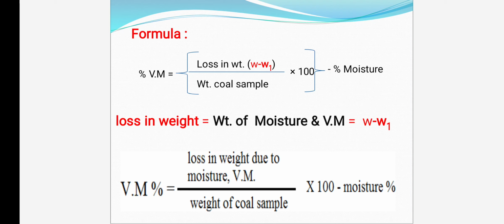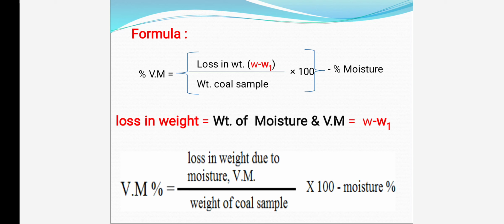So at a time, moisture as well as volatile matter both get removed. The loss in weight is W minus W1, and it is because of moisture as well as volatile matter. But your task is to find only percent volatile matter.